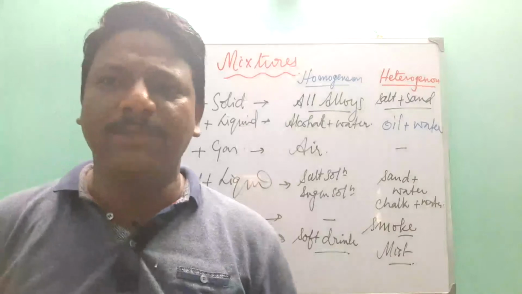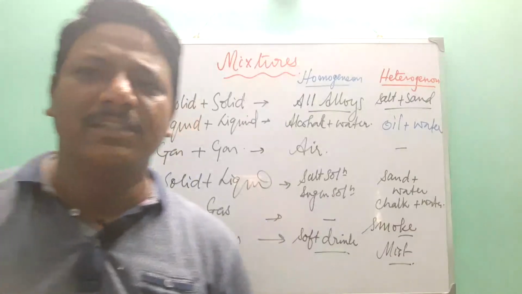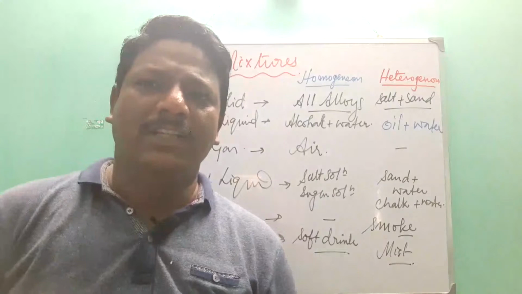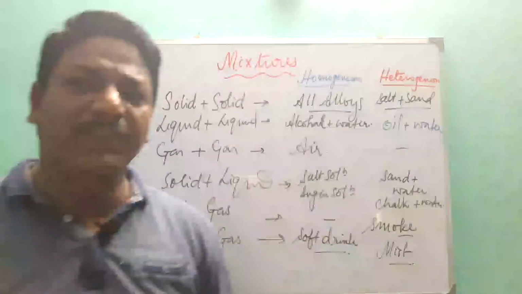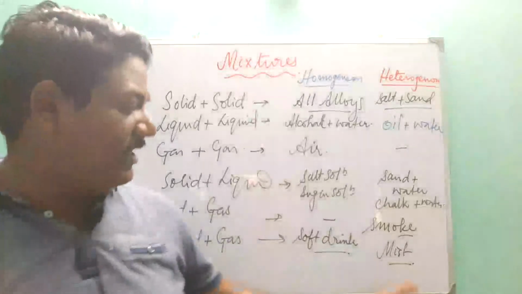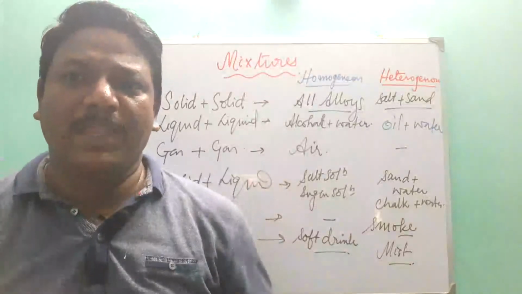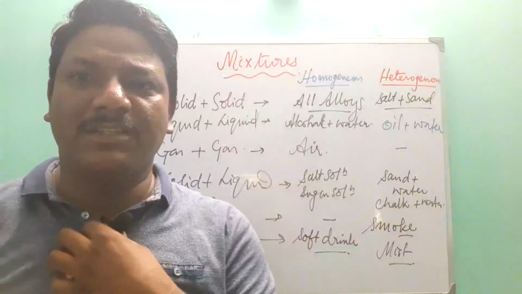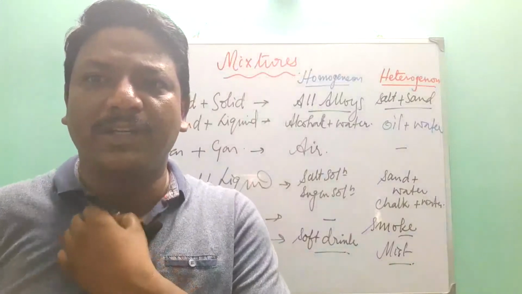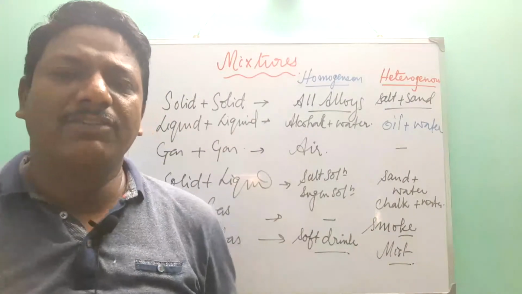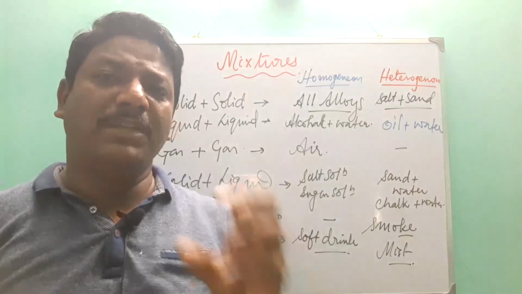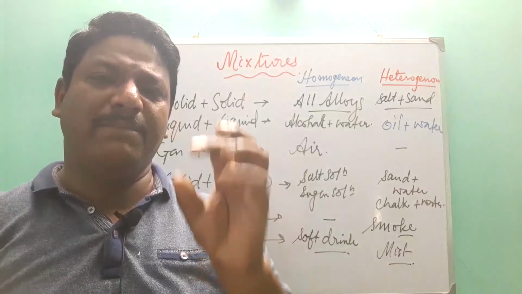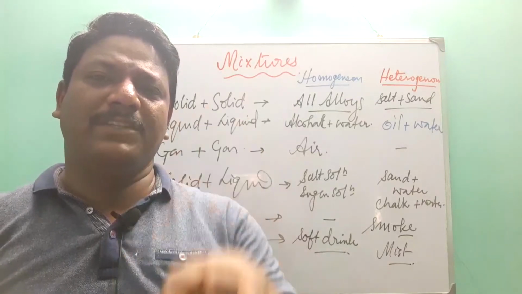Okay, somebody asked me how the mist is formed. Mist is an example of a liquid-gas mixture. It is heterogeneous, where the gas and the water are not mixed together. Mist forms when the temperature falls.